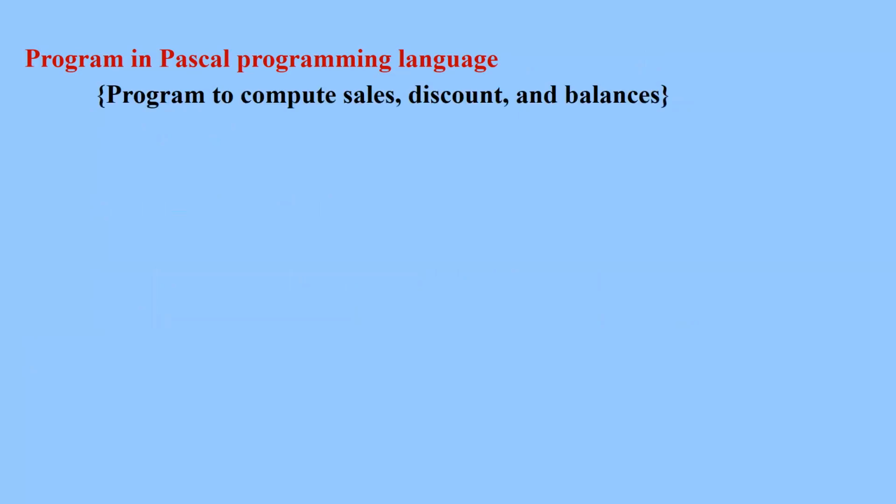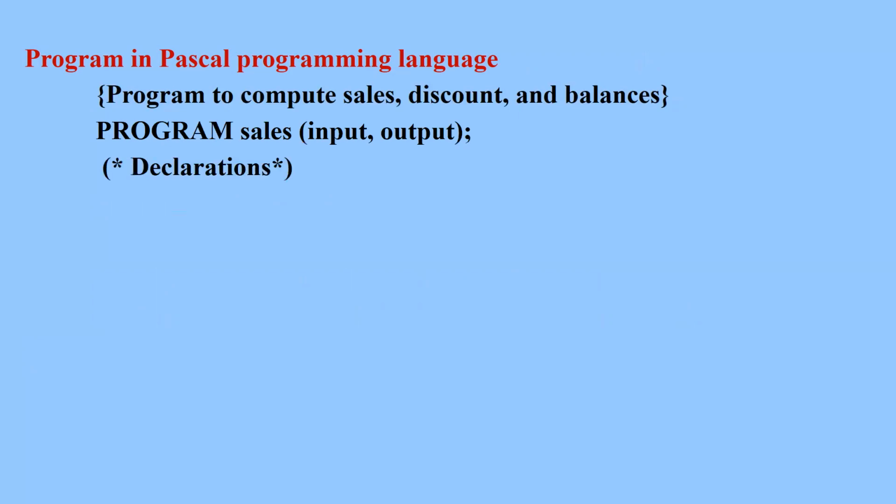Then let's have the same program in Pascal. The comment is there. Then program sales. We declare our items. One of the items we are going to declare is uses CRT.